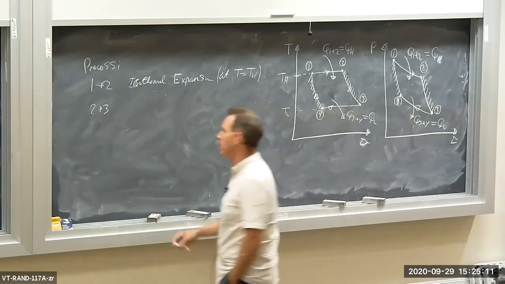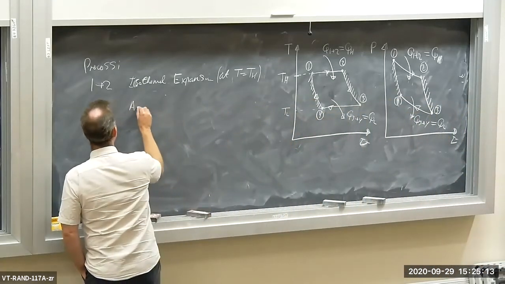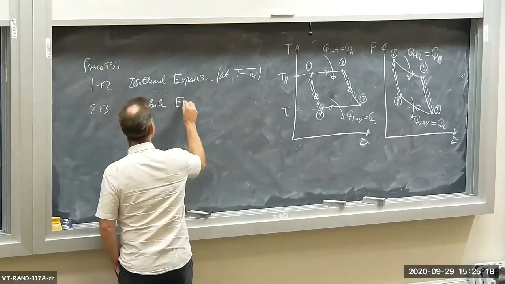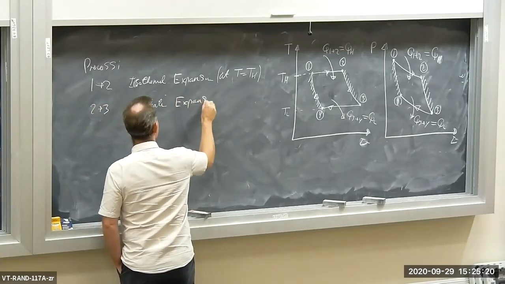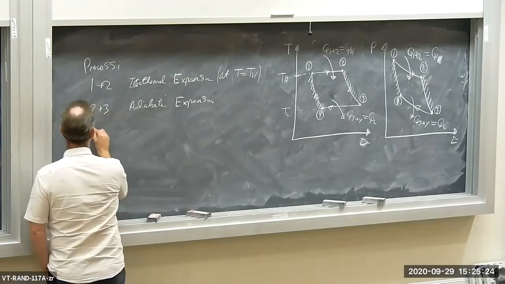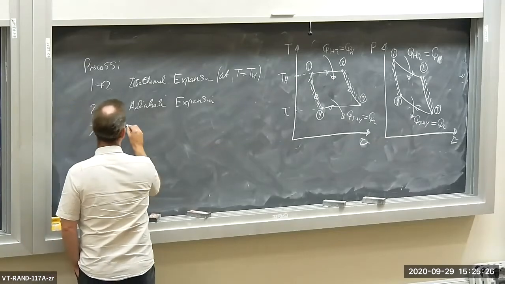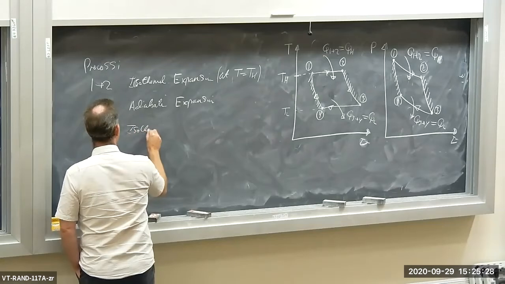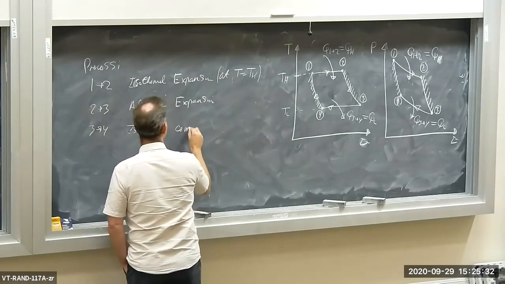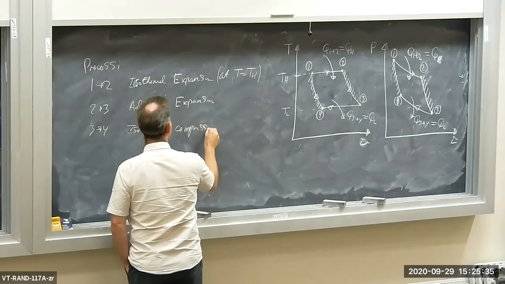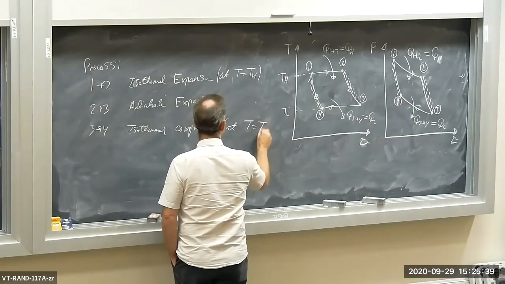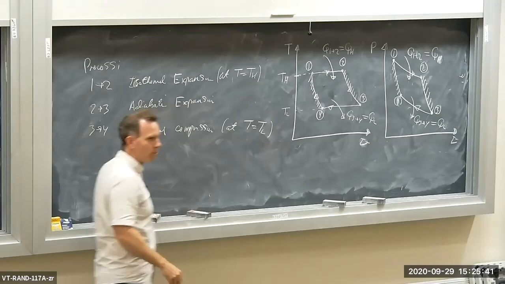Process 2 to 3, adiabatic expansion. Process 3 to 4, isothermal compression at temperature equals T low, the low temperature reservoir temperature.